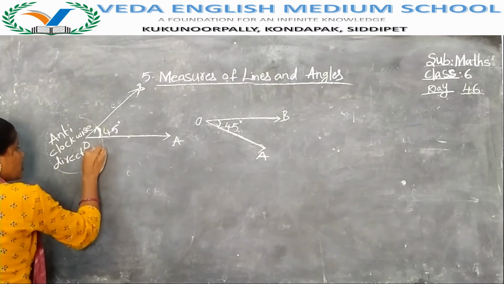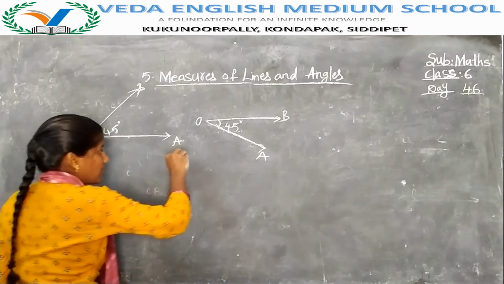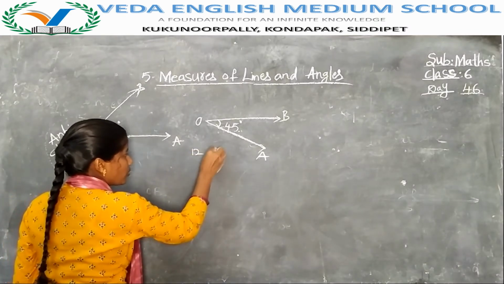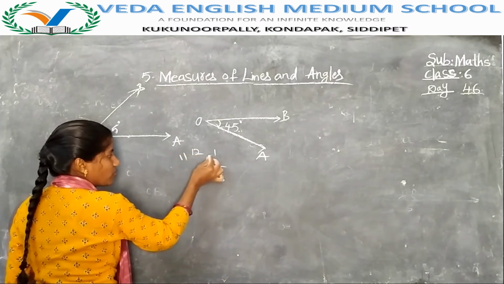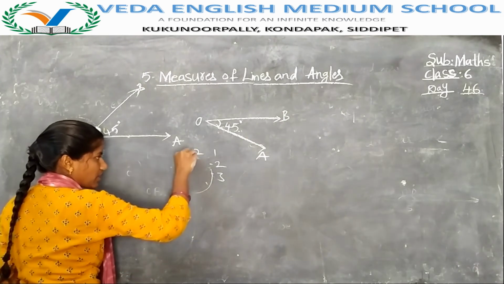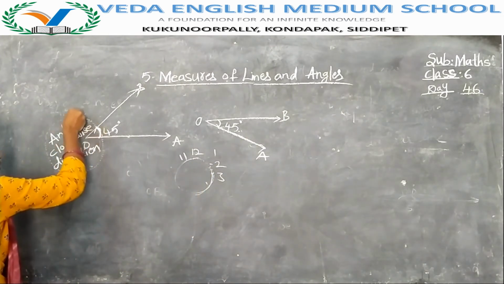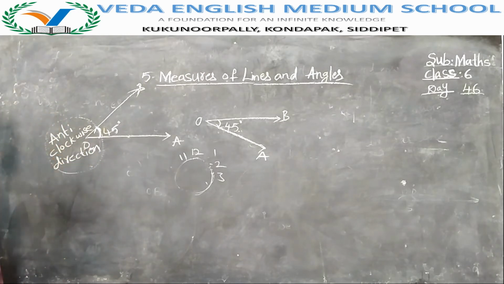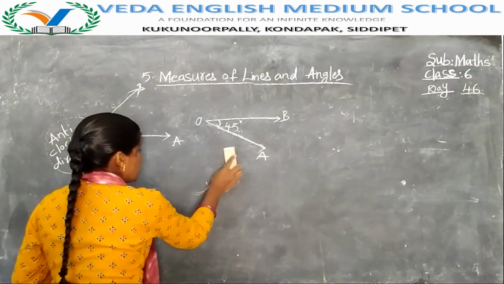Anti-clockwise direction. Clockwise direction. How does a clock rotate? Like this. For example, if there is 12, then after 12 comes 1, 2, 3, 4, 5. That means the clock will rotate like this. But does the angle rotate like a clock? No. This 45 degrees angle is rotating in anti-clockwise direction. Now observe this angle.